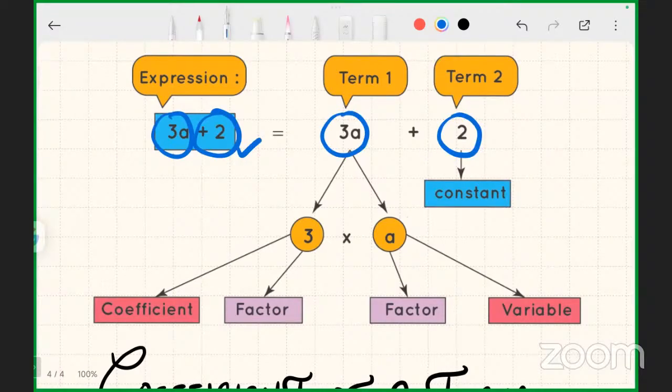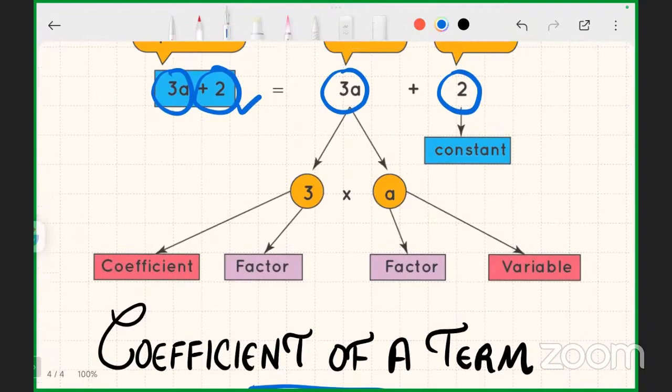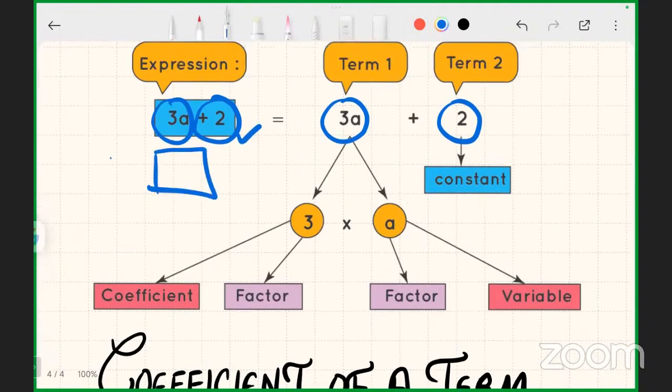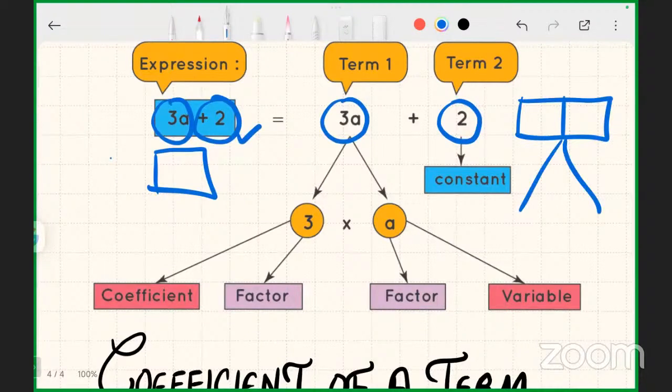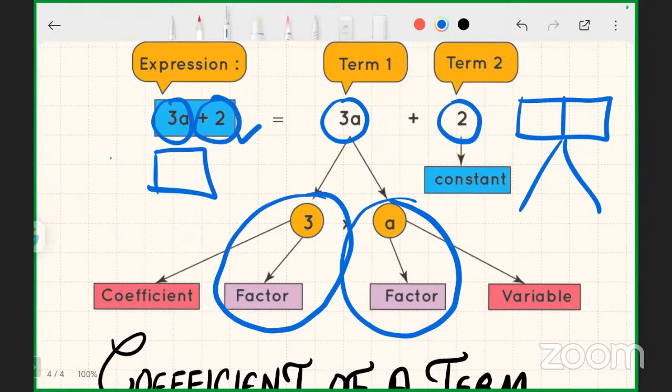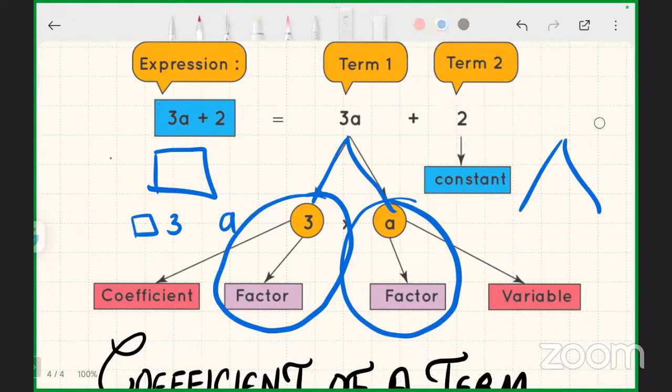Now since this is the big box, we are saying this big box is made up of two boxes, and then we are again breaking it. If we again break it, then we get the factors of terms. So then you have these small boxes, one is 3, one is a.